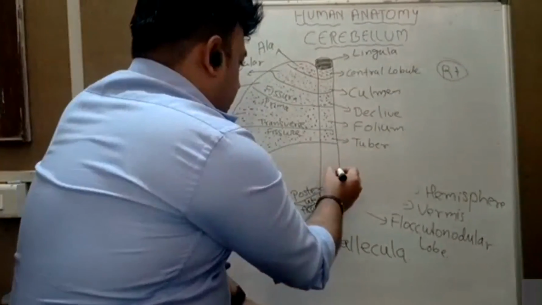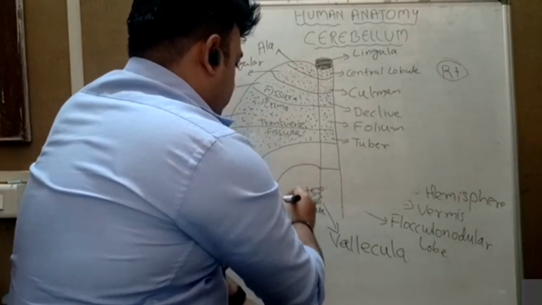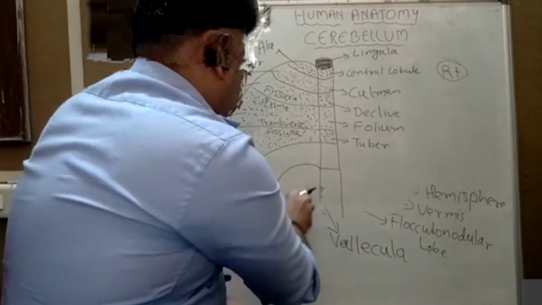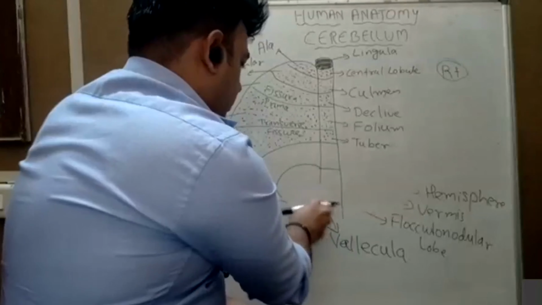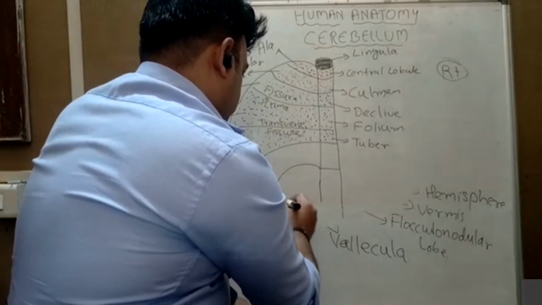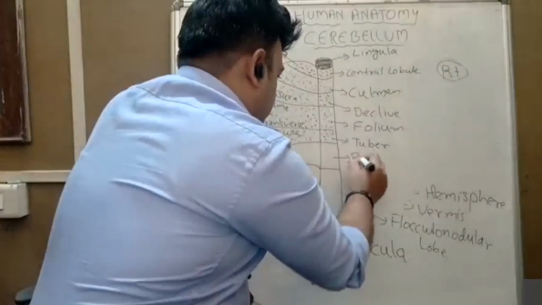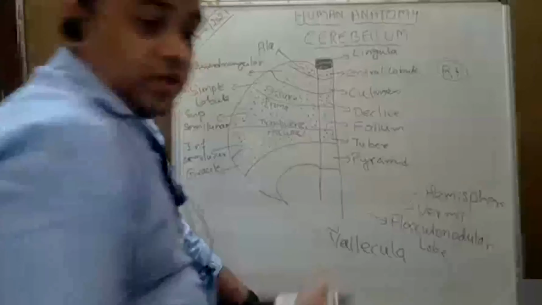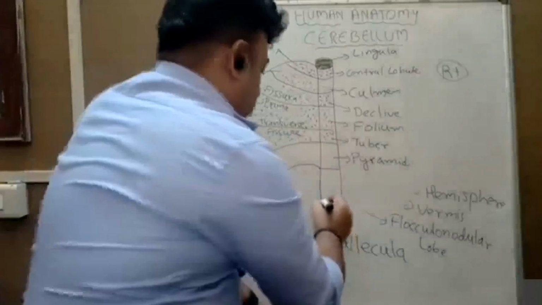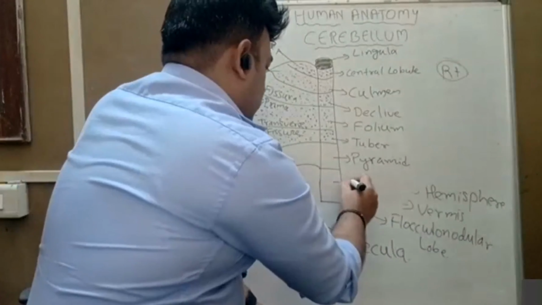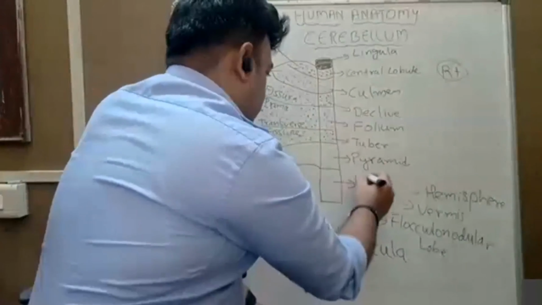Here it becomes pyramid. It becomes pyramid. And next is the uvula. On the vermis, pyramid and uvula.